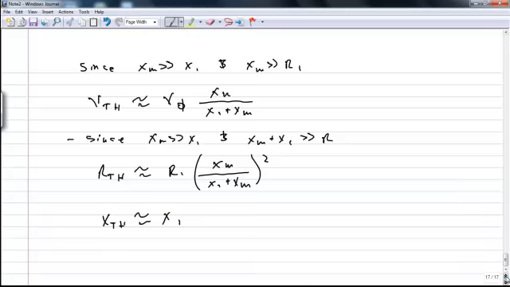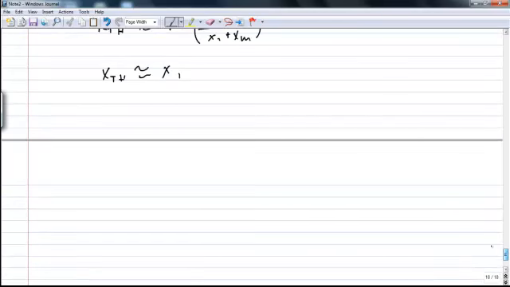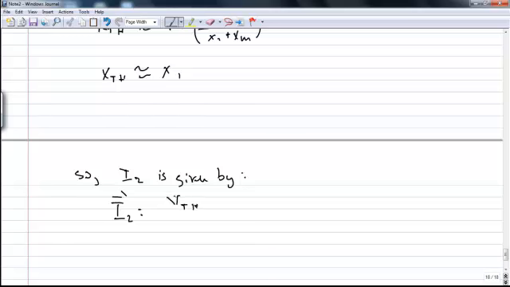And now we can write a very simple expression for I2. I2 is equal to VTH divided by ZTH plus Z2.